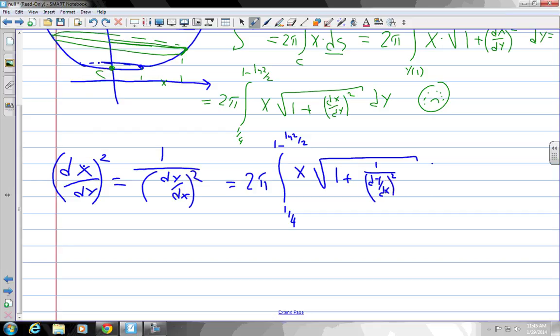And here, instead of writing dy, I'll write dy over dx times dx. It's the same as the previous problem. The only thing is I should probably fix those back to x, because I'm ending up with the dx integral now.